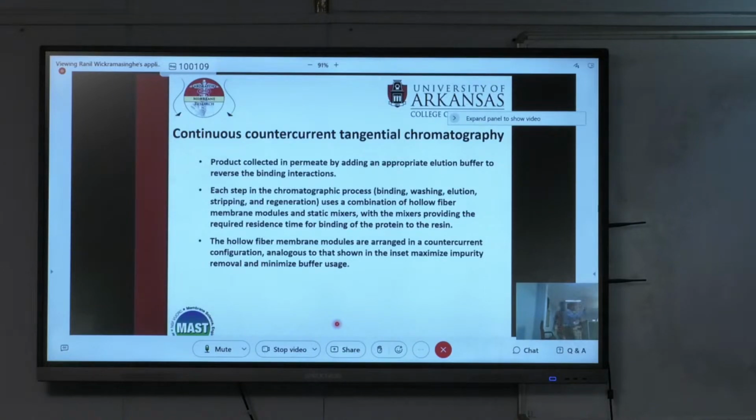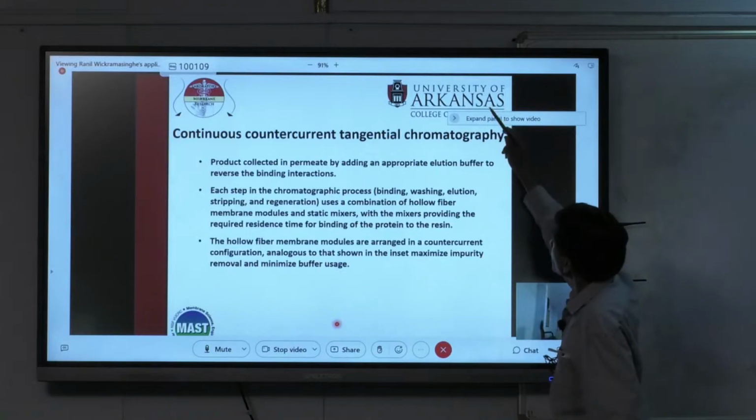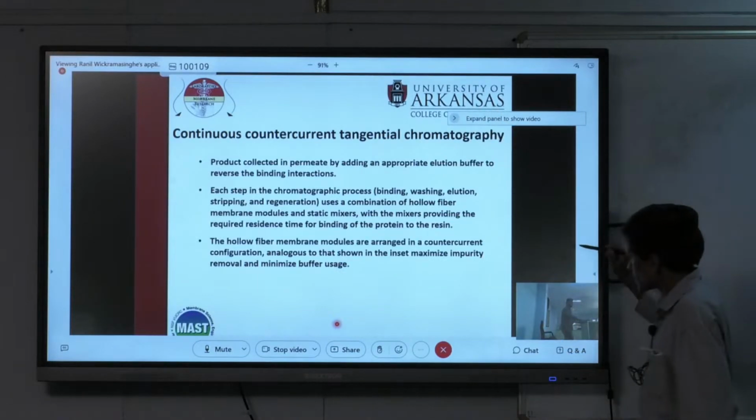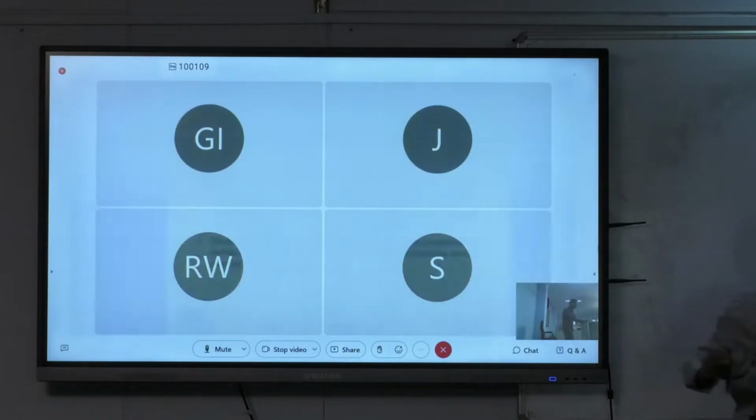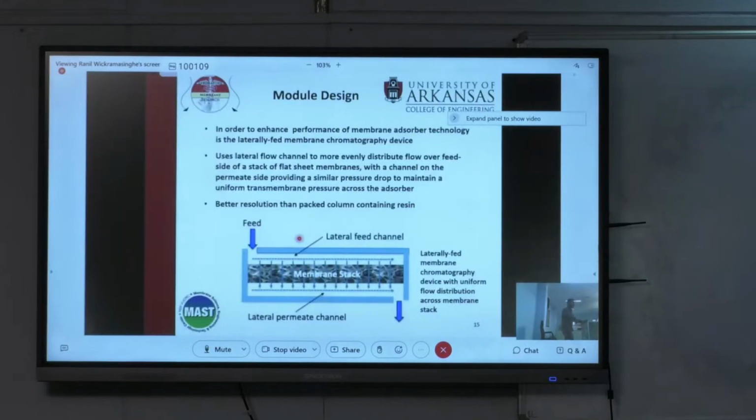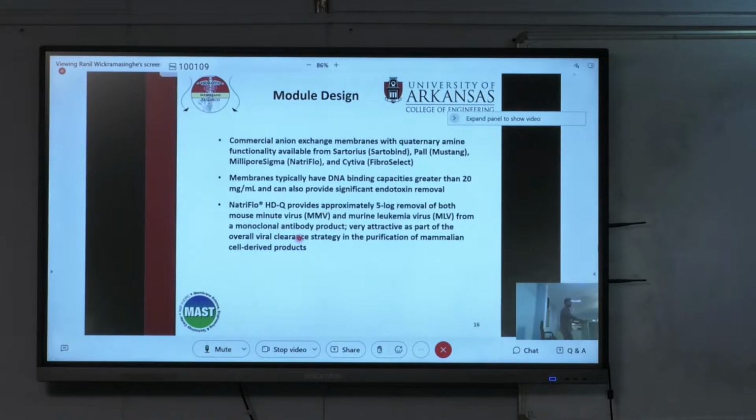That one's not moving. Do I have to do this? This one's wrong here. I don't know. Okay, now it's right. Okay, thank you.